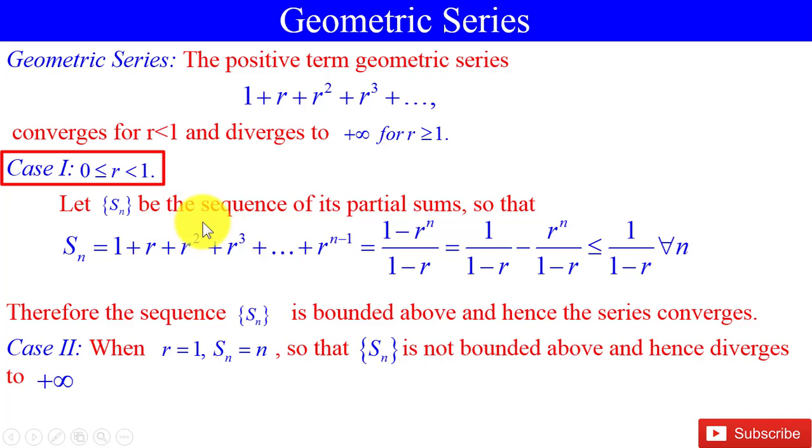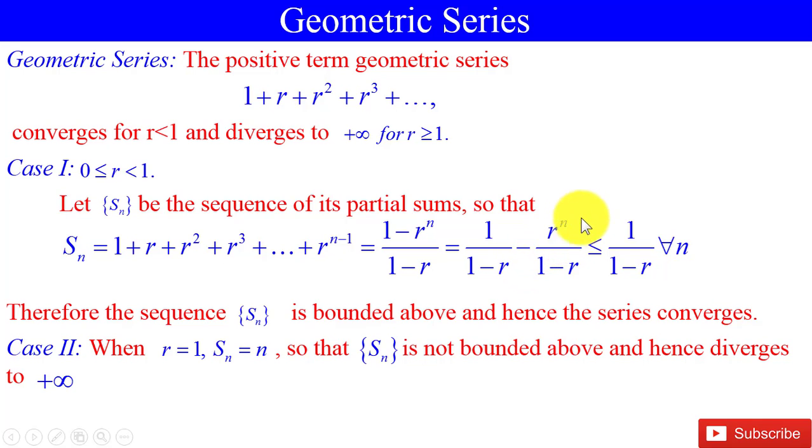Let Sn be the sequence of its partial sums, so that Sn is equal to 1 plus r plus r square plus r cube plus up to r to the power n minus 1, which is equal to (1 minus r to the power n) by (1 minus r), equal to 1 by (1 minus r) minus r to the power n by (1 minus r), less than or equal to 1 by (1 minus r) for all n.